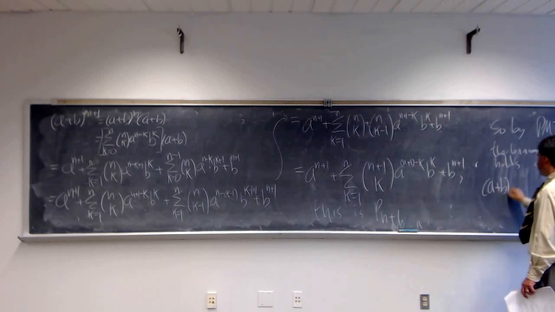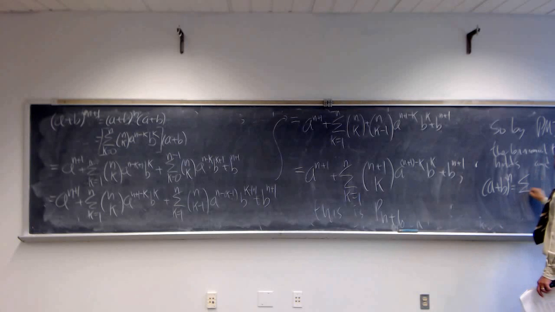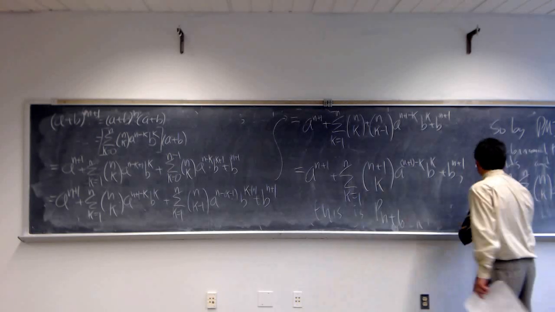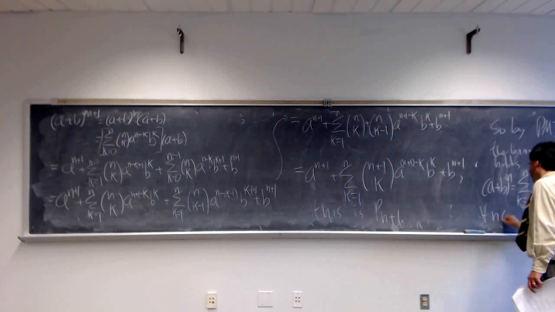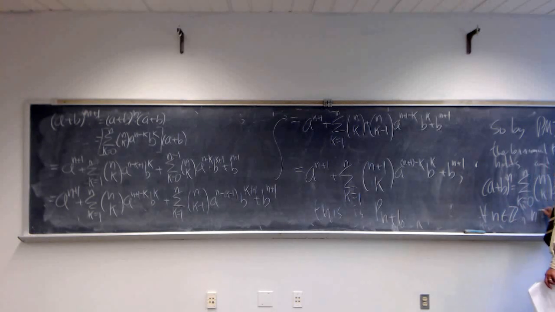And (a+b)^n is the summation, k going from 0 to n, of n choose k, a to the n minus k times b to the k, for all integers n greater than or equal to 1, though it also holds for n equals 0.